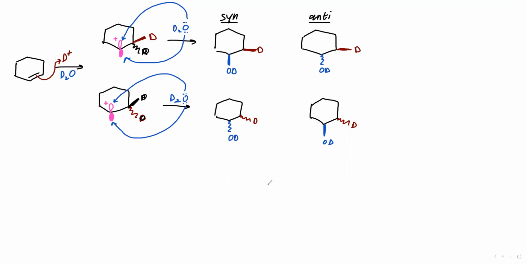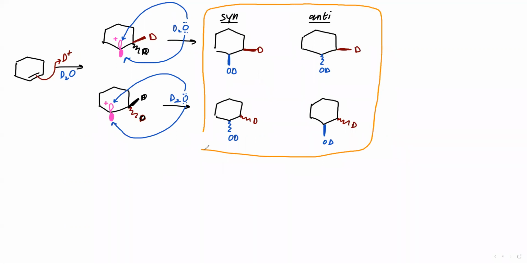So what this means then is that for acid additions of nucleophiles, it's very much likely that you'll get both a syn and anti addition. So we will get all four of these products if we did this reaction. The fact that there is no preference for syn or anti means that this reaction isn't stereoselective. So this reaction is non-stereoselective because we do not prefer syn or anti attack.